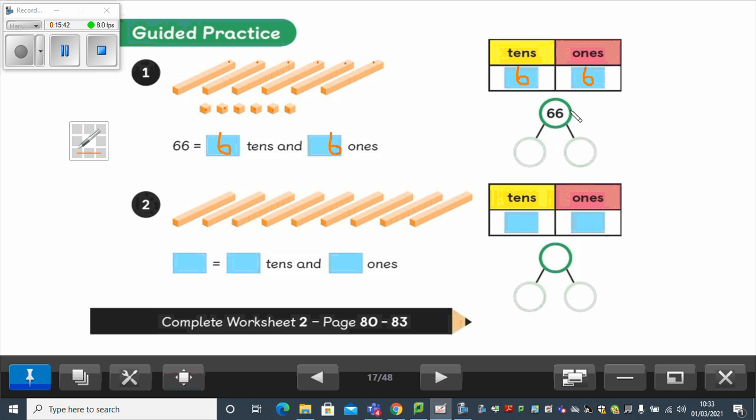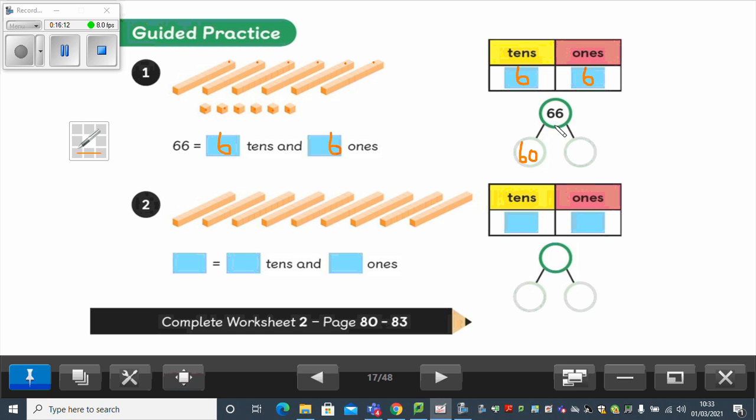Let's fill in our whole part model now. So what is the value of the 6 tens in 66? Let's go back and count in tens. Ready? 10, 20, 30, 40, 50, 60. So the value of the 6 tens is 60.